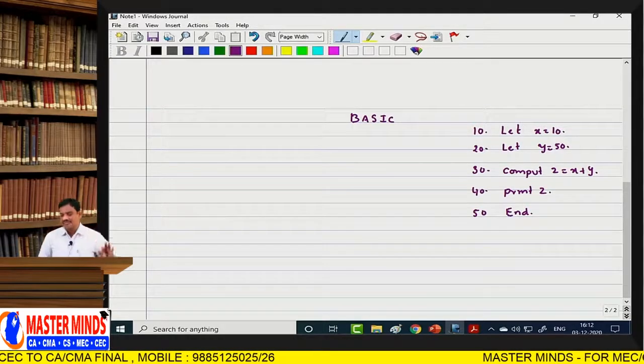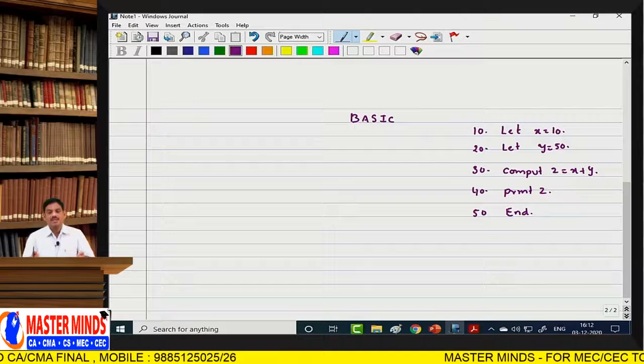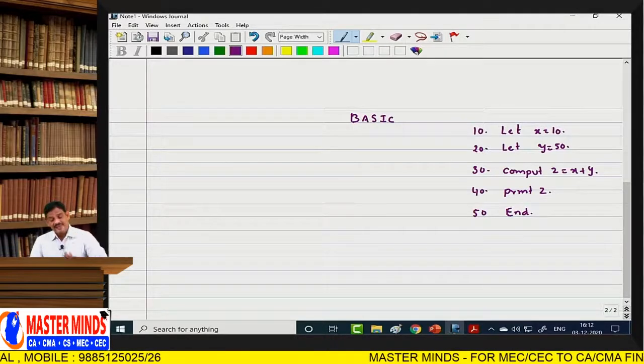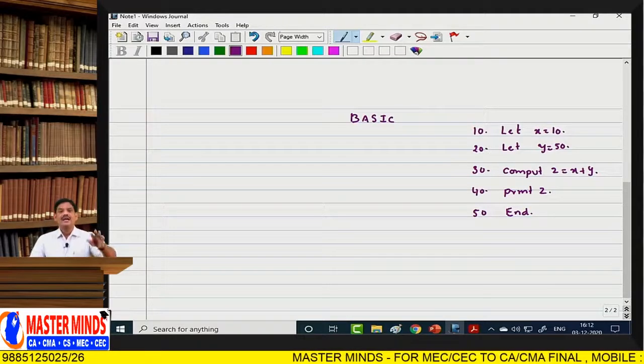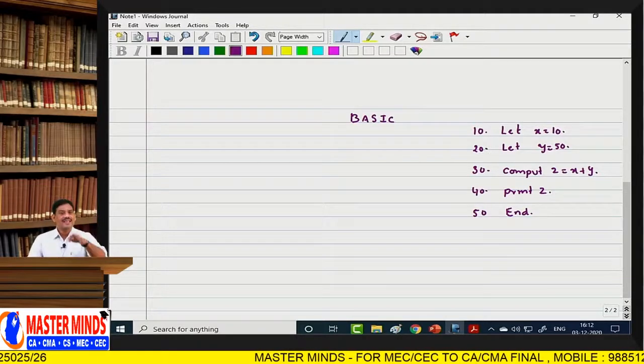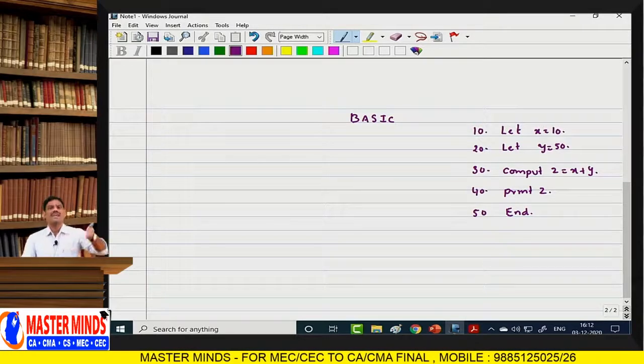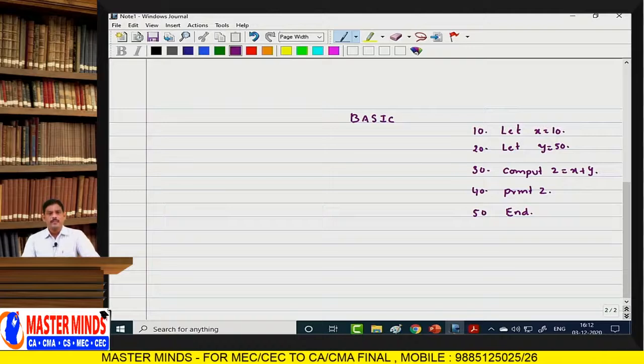This is a high level language program. It can be easily understood by any person. It can be executable on any model. That's why high level languages are independent languages. So later we have higher level languages.